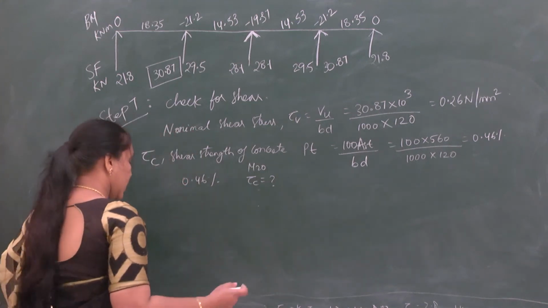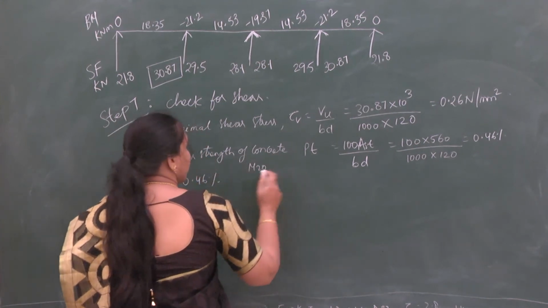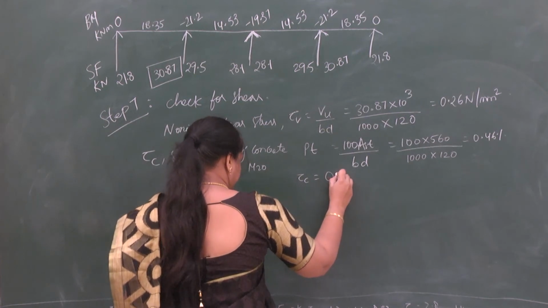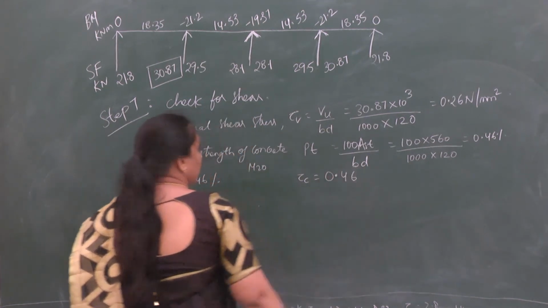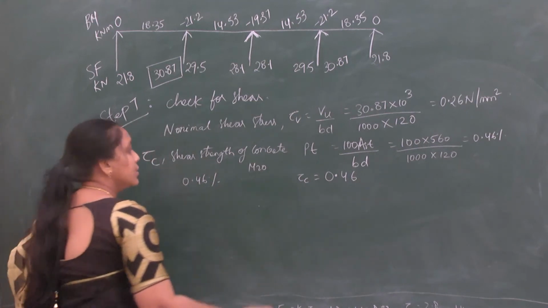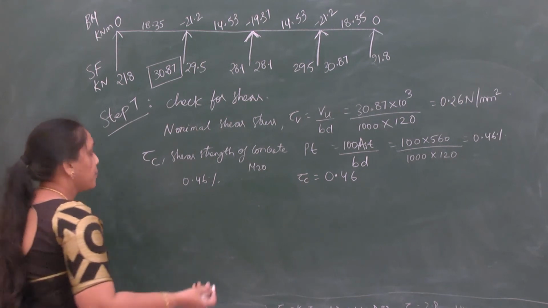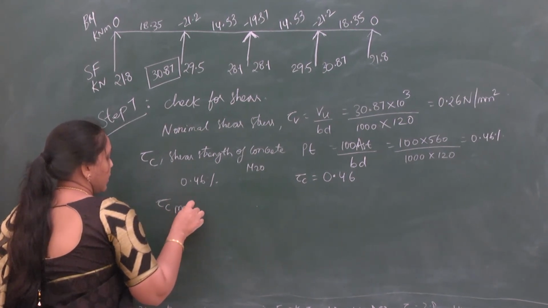So after interpolating, for M20 grade of concrete, I got the tau C value as 0.46. Now the next step is to calculate the tau C max.